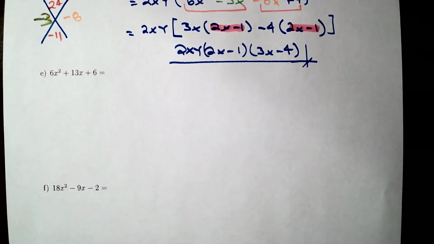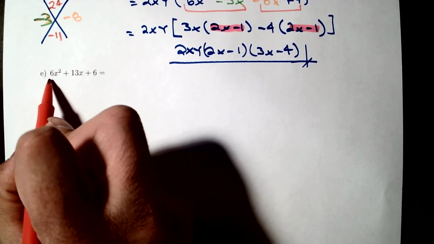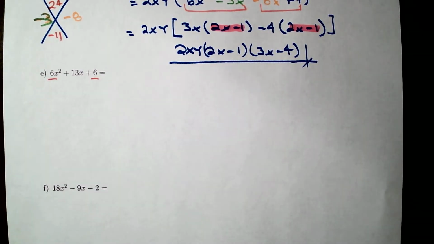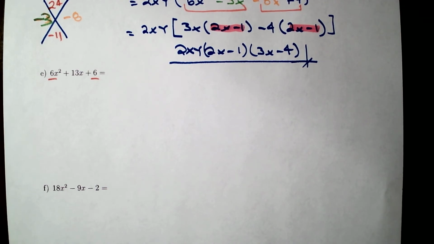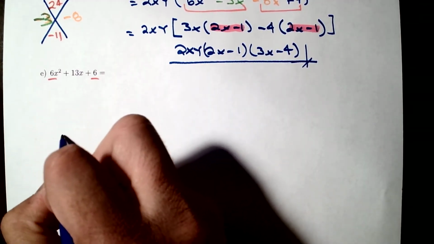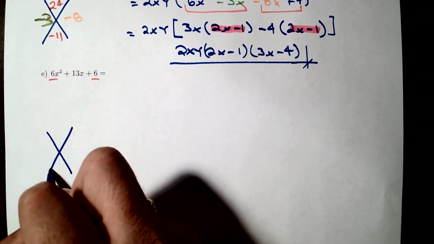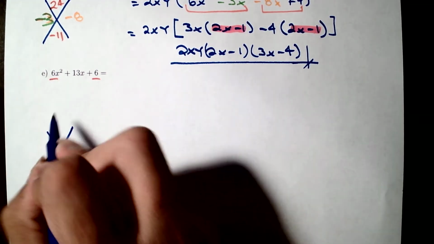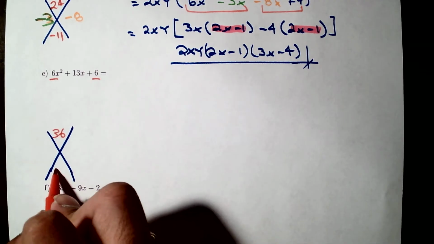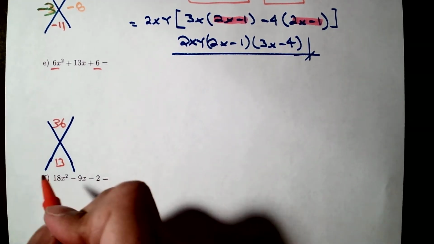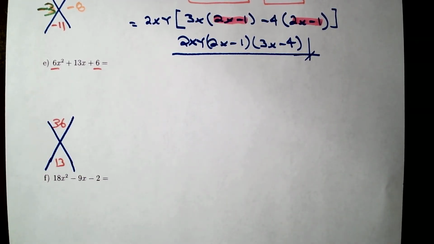So let's see. Let's multiply the leading coefficient with the constant term. I'm going to multiply 6 times 6, which is 36. And then 13, I'm going to bring it down to the diamond.